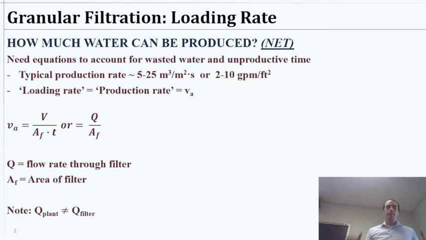Okay, so that's kind of the why, and now we're going to get to some math that helps us get there practically. So a typical production rate for a given filter, we can describe it as a production rate, which is a flux essentially, and we will come back to the flux concept with the membrane filtration. But a flux is essentially through some plane.